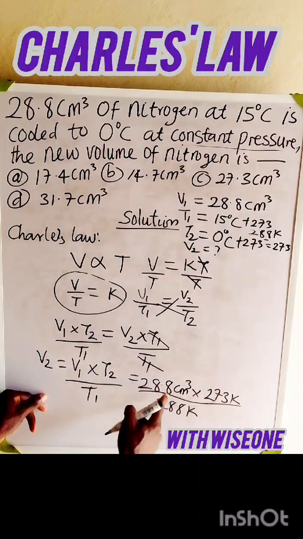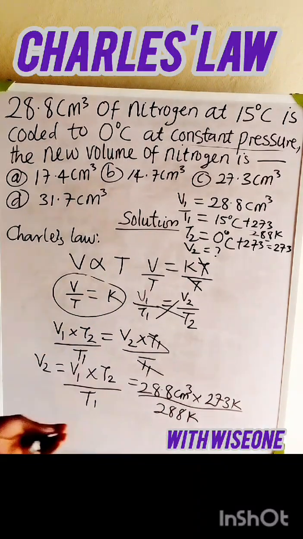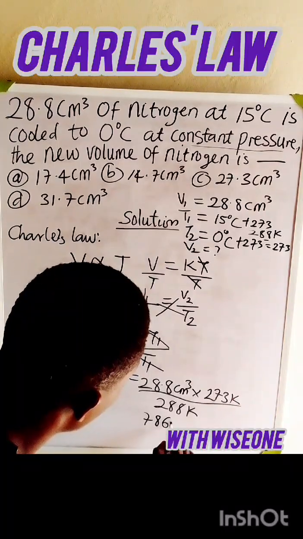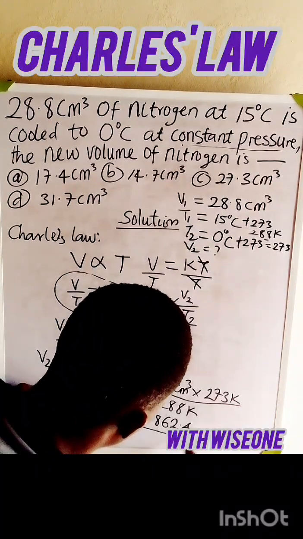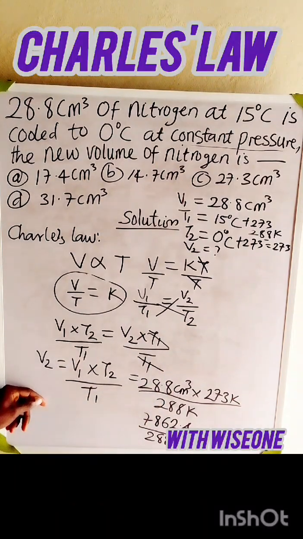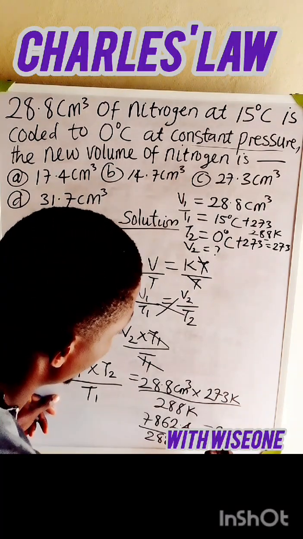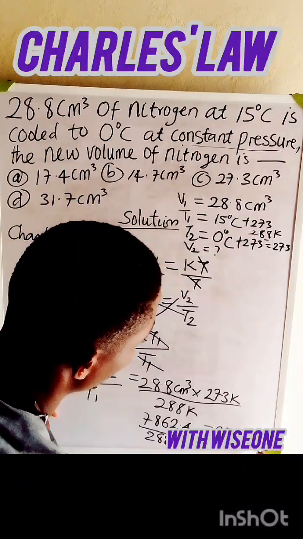Okay, so 28.8 times 273 will give us 7862.4 divided by 288. When you press your calculator, 7862.4 divided by 288 will give us 27.3 cm³.